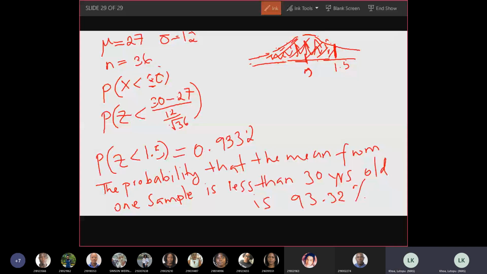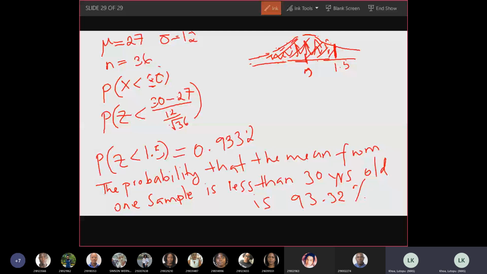And that makes sense because the population has an average age of 27. So most people are around that age, which is less than 30. So there's a very high probability that the mean of that sample is less than 30.